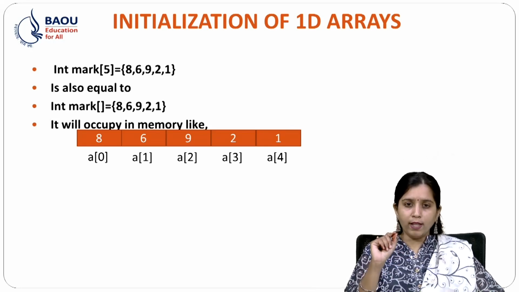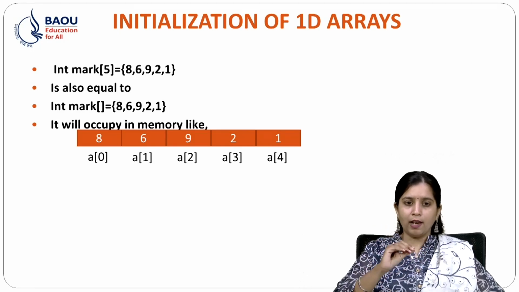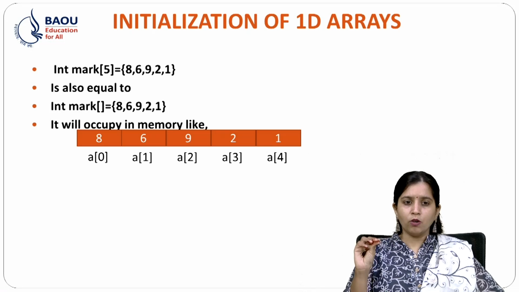A subscript always starts with 0 and cannot be negative. So when we look into memory, at position 0 the value of A[0] is 8. At A[1] we have the value 6. Likewise, all the array elements will be shown in our memory.